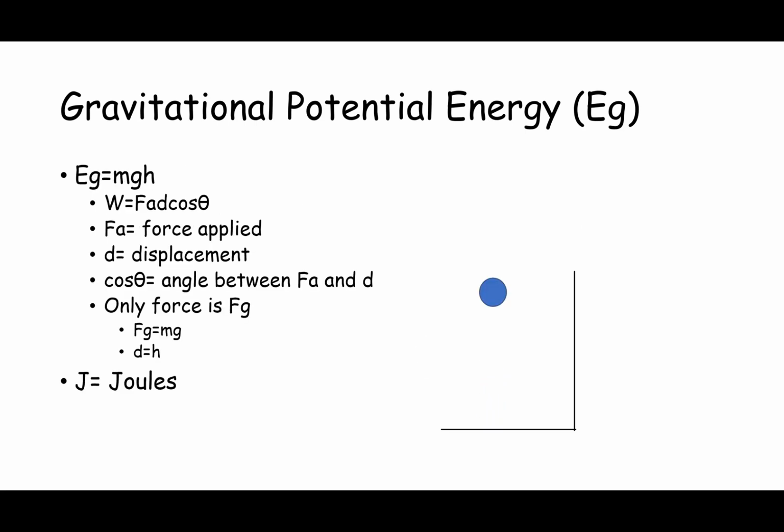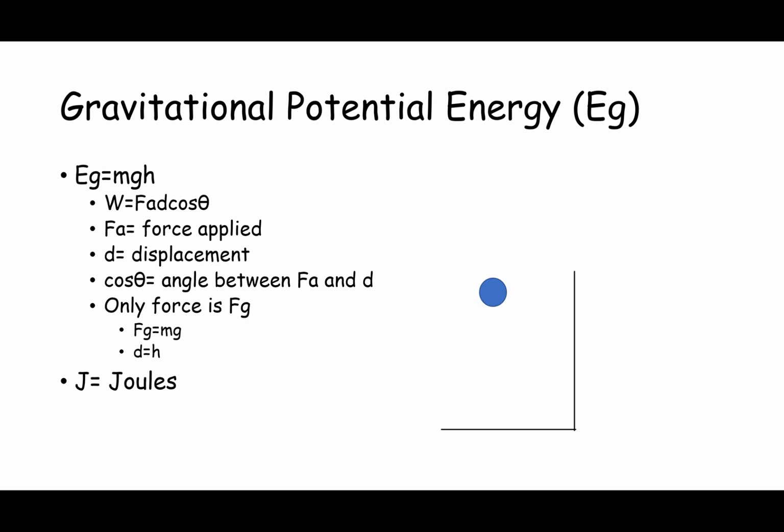So the formula to calculate EG is EG equals mgh. How we get this formula is that we know work is equal to FA d cos theta. FA being the force applied on the object, d being displacement, so how far the object moves, and cos theta being the angle between these two factors.